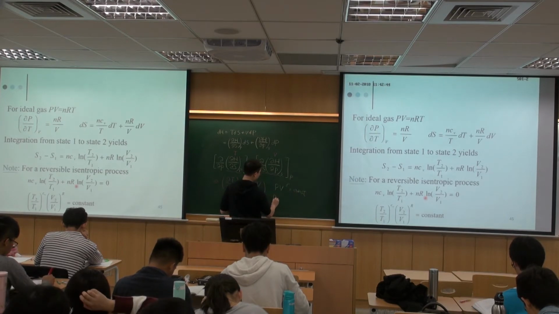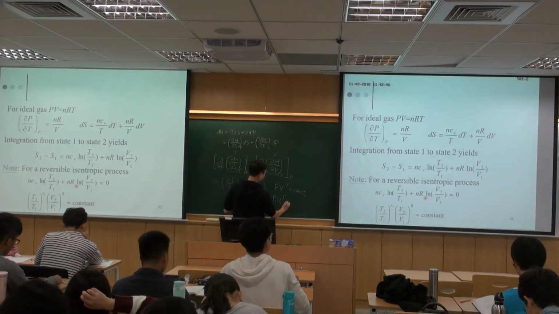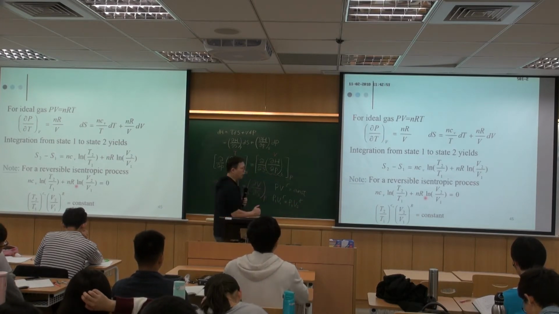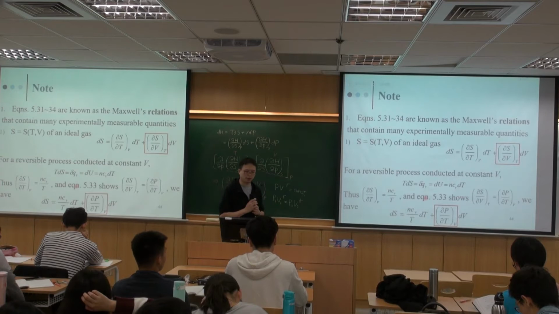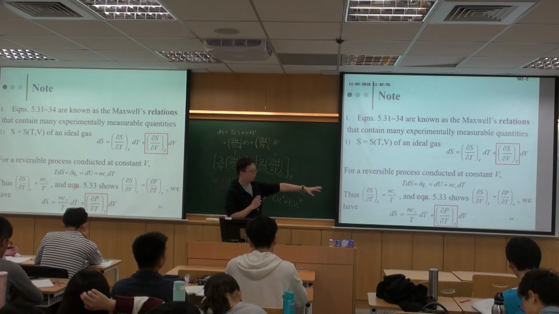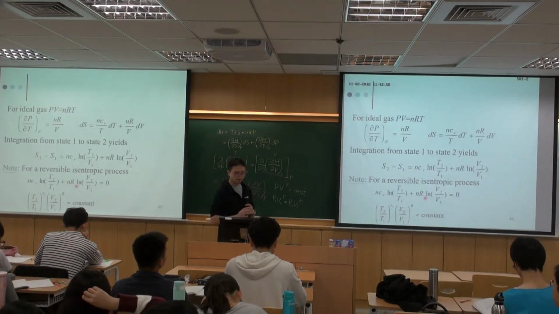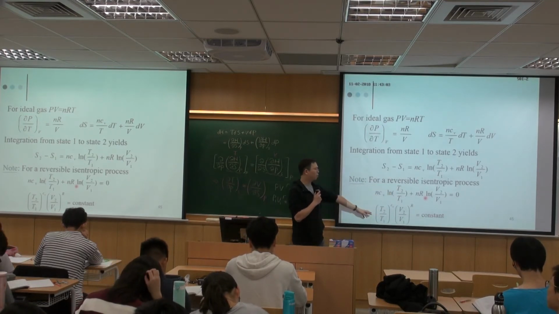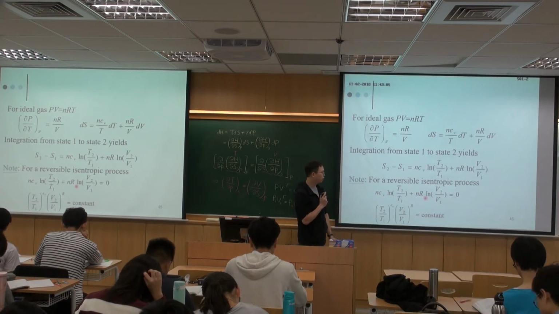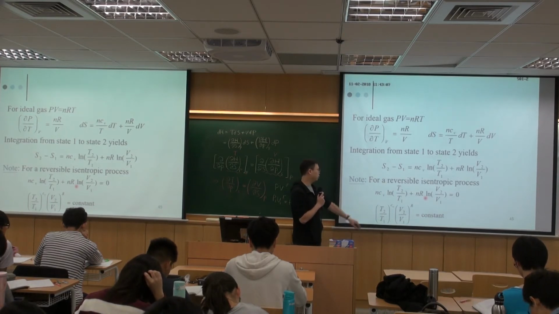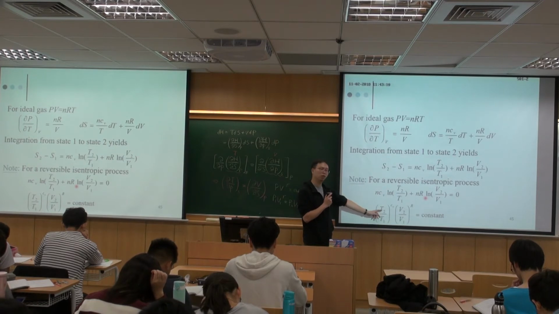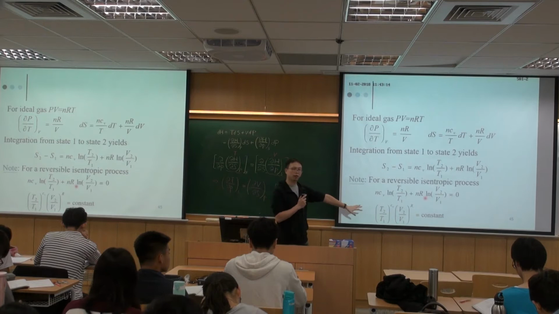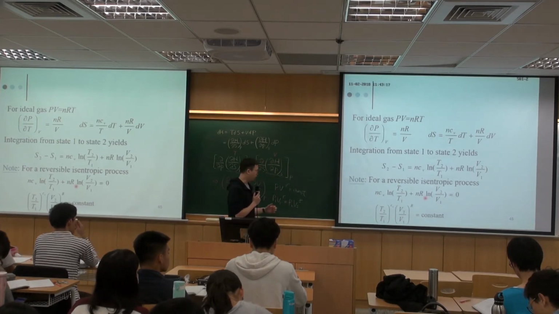Or you can say P1 ... and if you start from the perfect differential of entropy and you go through the derivation, and later on you set delta S to be 0, you will arrive at exactly the same expression. You just need to do some tricks for T2 and T1. Replace that with P and V, and therefore you'll get the same expression for the adiabatic process.